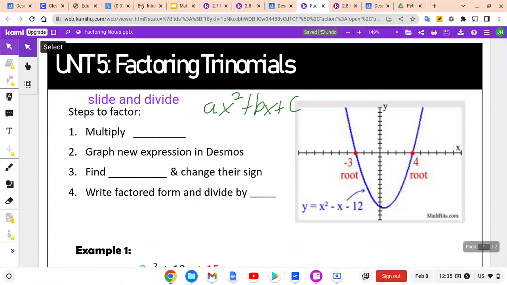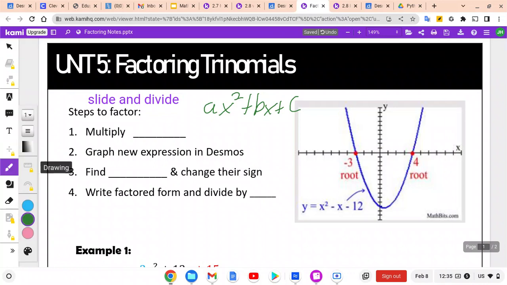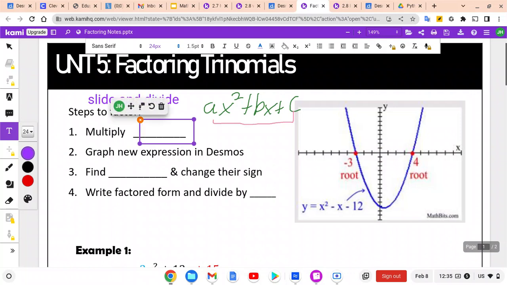So, what are we sliding? Well, we're going to take the a term and we're going to multiply it with the c term so that the x squared will be by itself. The a will disappear and we'll multiply it with the c. So our first step is to multiply a and c.